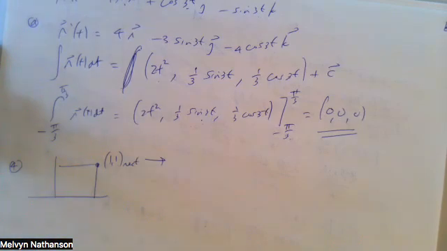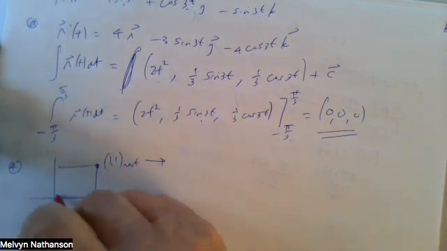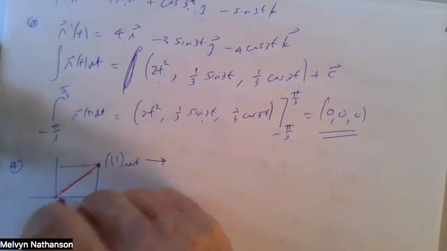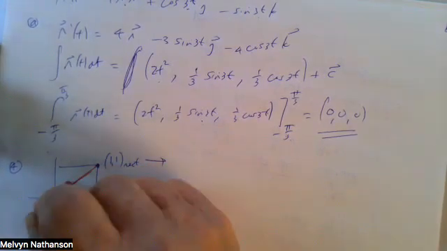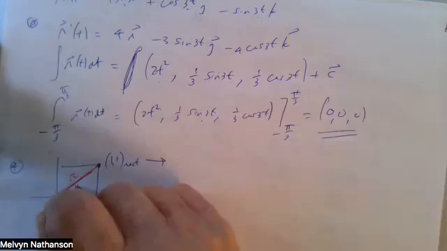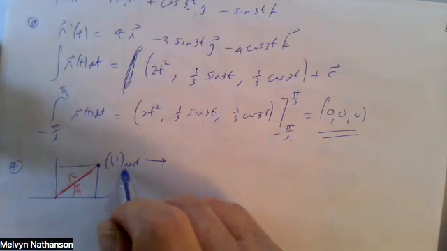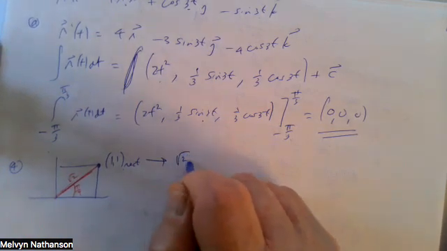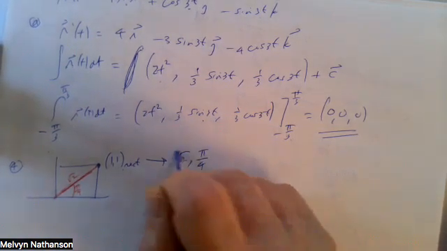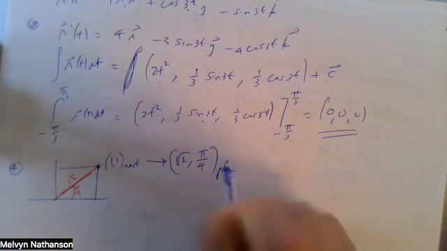And if you want to convert that to polar coordinates, the distance from the origin to the vector is square root of 2. And this angle is pi over 4. So 1, 1 in rectangular coordinates is root 2, pi over 4 in polar coordinates.